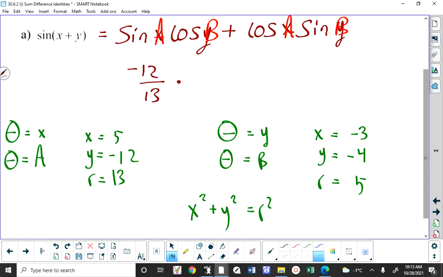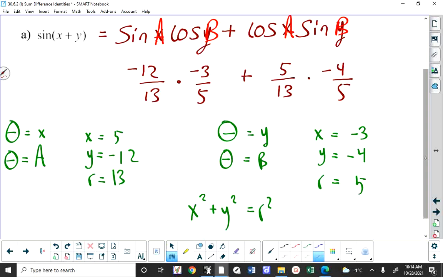This is the thing I'm talking about, organization and careful thought. It's x over r, but I have to look at angle B, which is negative 3 over 5, plus cosine of angle A, which would be 5 over 13, x over r, times sine of angle B, which is negative 4 over 5. Sine is y over r, and it's angle B.